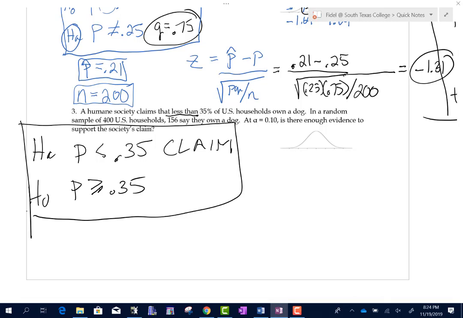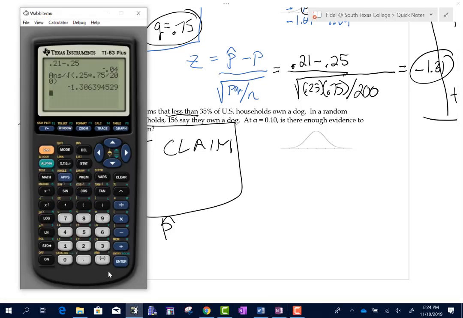In a random sample of 400 households, so guys, isn't that telling me my n is 400? Okay. 156. So guys, they're not giving me the p hat yet, right? We're going to find our p hat. But they're telling me that the number of people who own a dog would have been 156. Do y'all know how we would find our p hat?